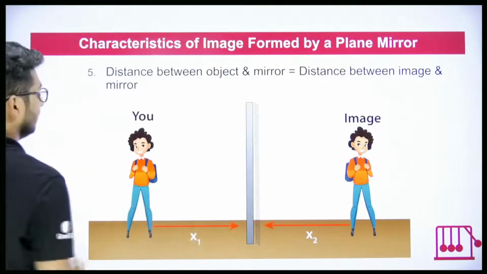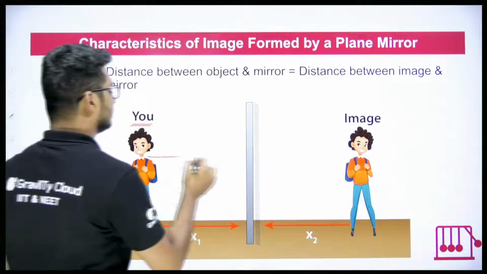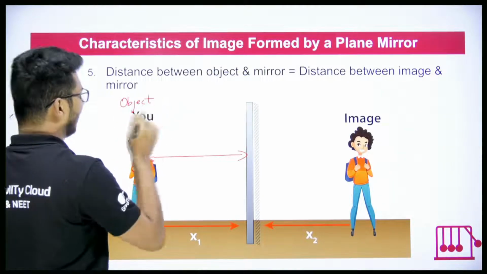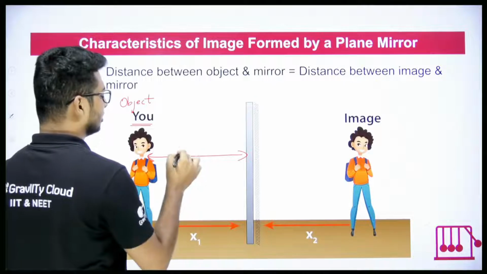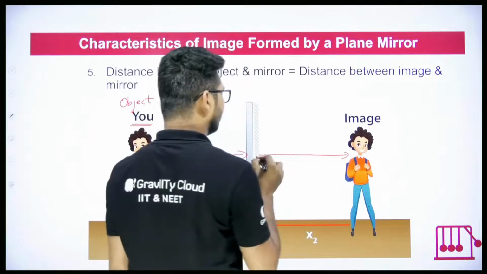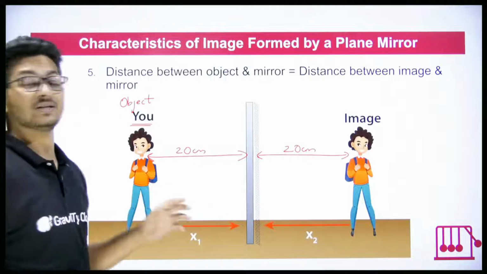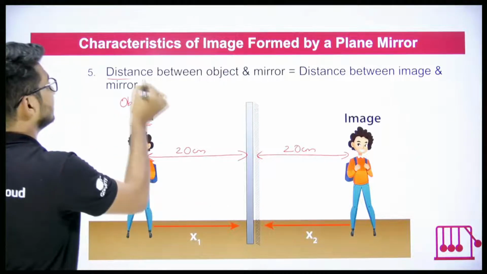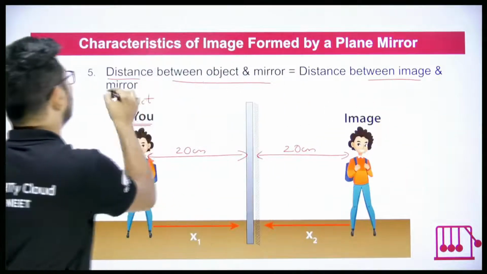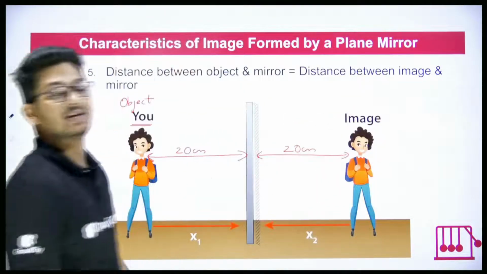One more property is that if this is you and if this is your image, the distance between the object or you and the mirror, let's say here for example it is 20 centimeter, then the distance of the image from the mirror will also be 20 centimeter. That is equal distance. We can say distance between object and mirror is equal to distance between image and mirror.